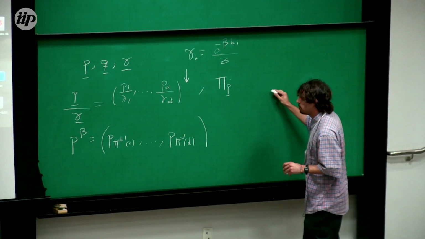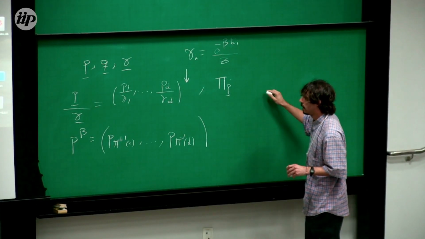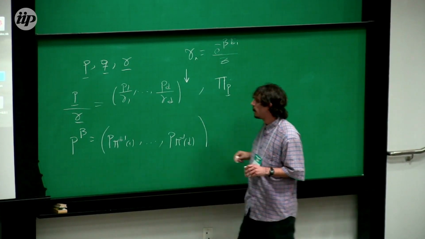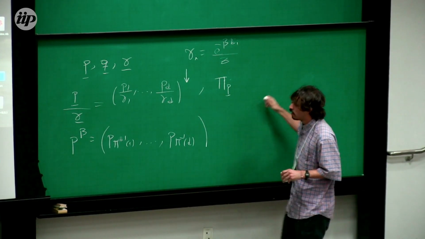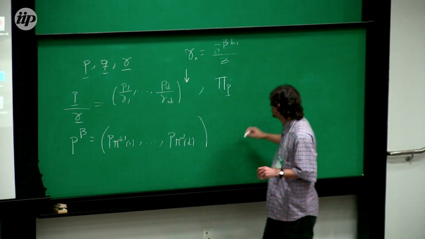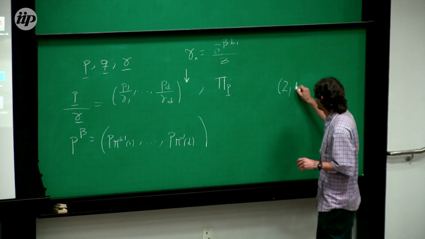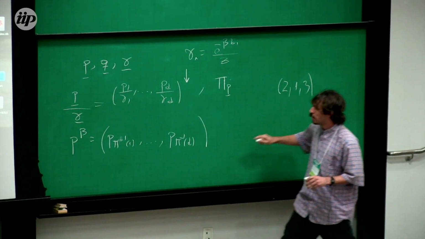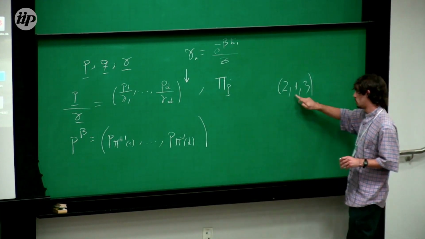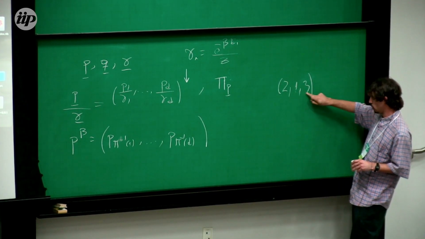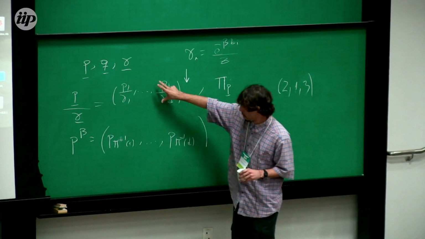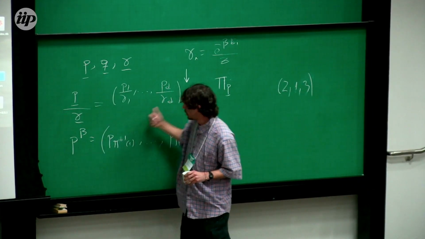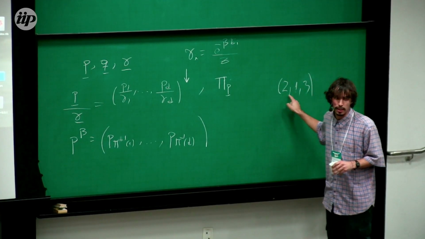So let me give an example. Suppose you consider a 3-level system, and I take this ratio, and then I see that the ordering is 2, 1, 3, meaning that the second entry is larger or equal to the first entry, which is larger or equal to the third entry. So then I take this permutation and order my initial vector according to it. It's very, very simple.